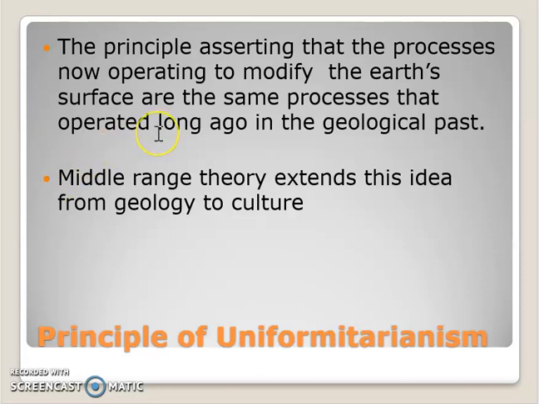The principle asserts that the processes now operating to modify the Earth's surface are the same processes that operated long ago in the geological past. So, like volcanoes happen now, volcanoes used to happen then. So, the whole point of middle range theory is to find ways to support that this happens culturally as well. It's not just a geological thing.